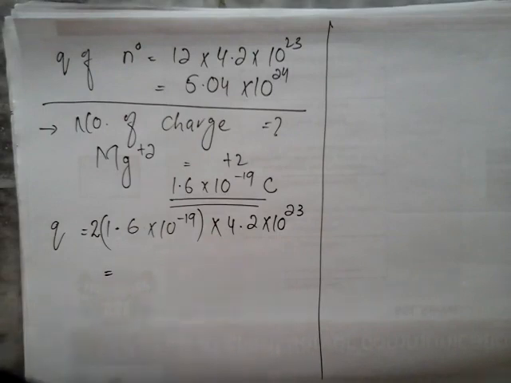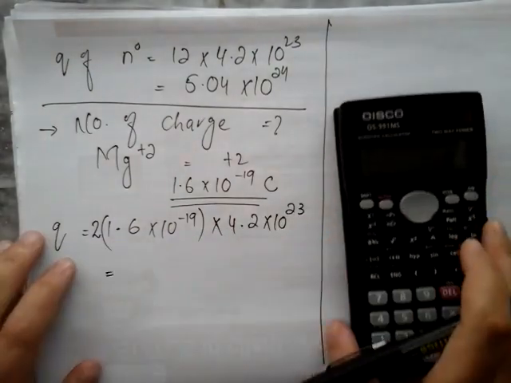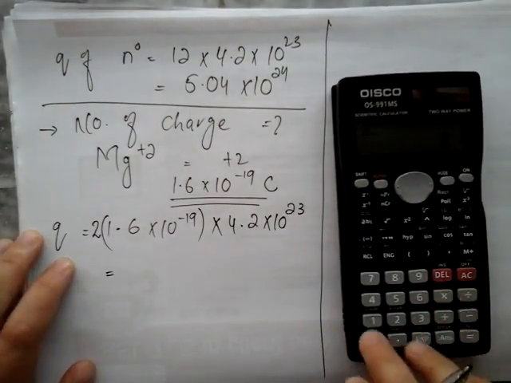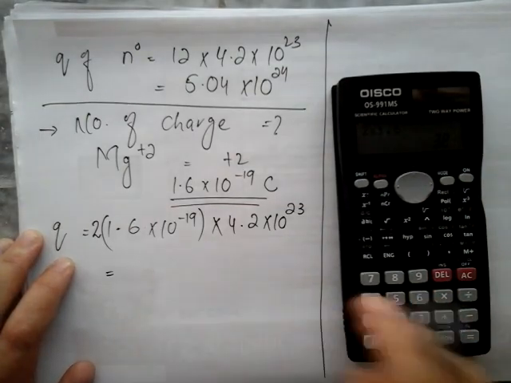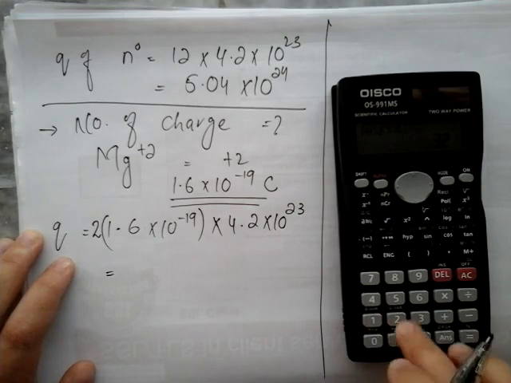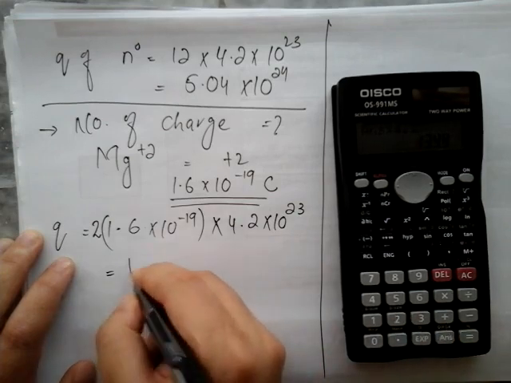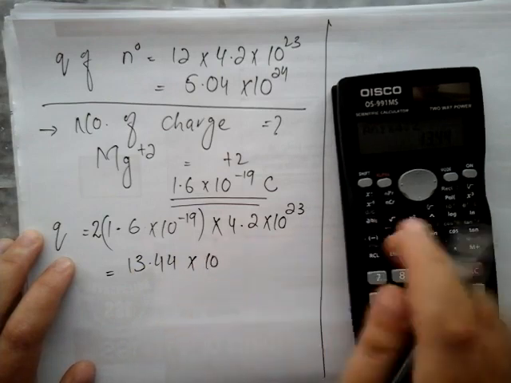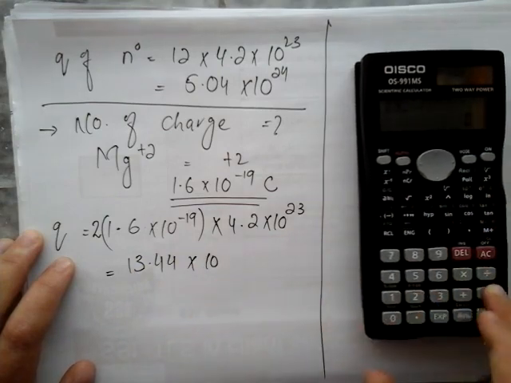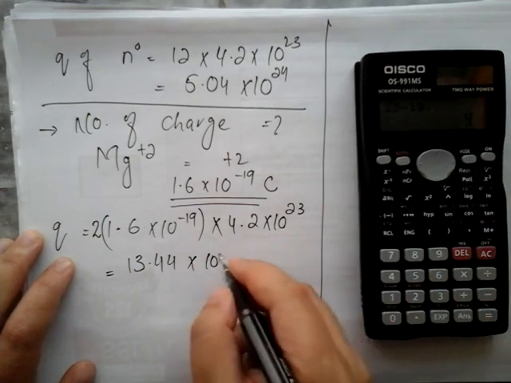So let's calculate this value. 2 multiplied by 1.6 is 3.2, multiplied by 4.2 it will become 13.44, and 23 minus 19 is 4.